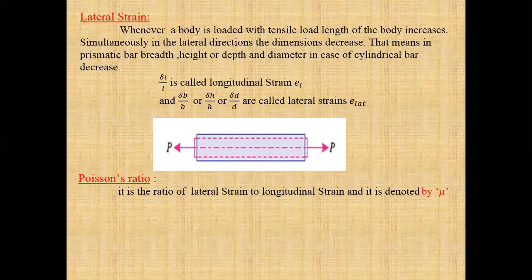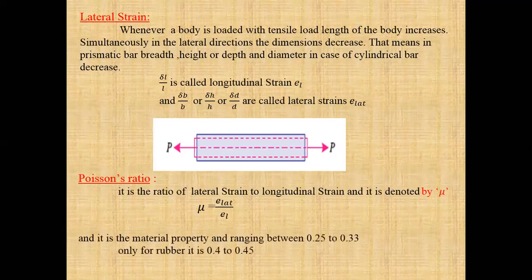When I write lateral strain, I write E lateral. Mu is equal to E lateral by E L. It is a material property, so for each material it carries a unique value.